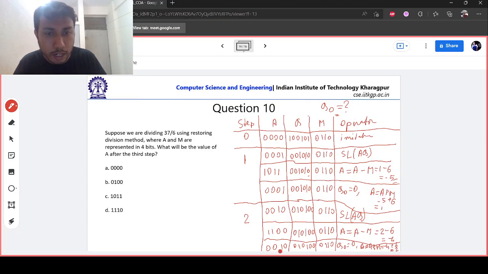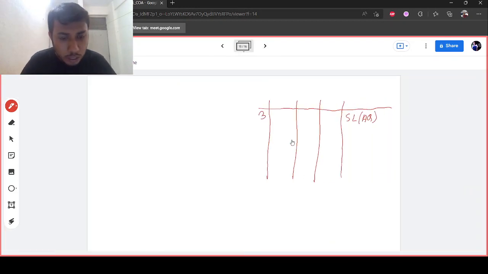So we shift left, and it will come down as 0 1 0 0, 1 0 1 0 0 0, 0 1 1 0.